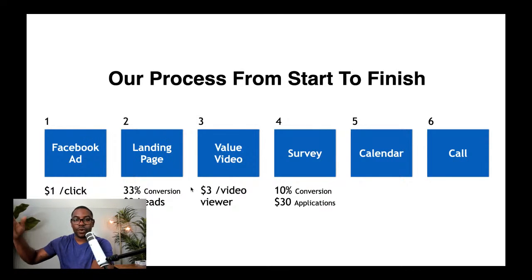So $1 times 100 people who turn into a lead, 30% of those people would convert. And then 10% of those people, which is the $30 per lead, okay? Because that would be 3 people. 3 times 30 is $90, or it's really 33, so that's about 99, okay?